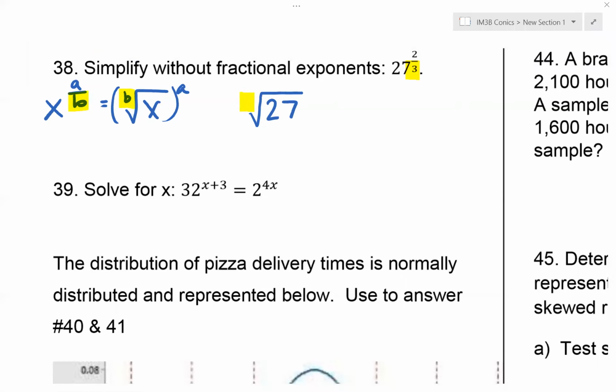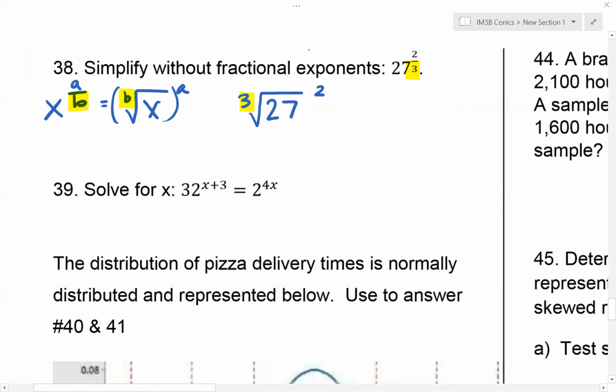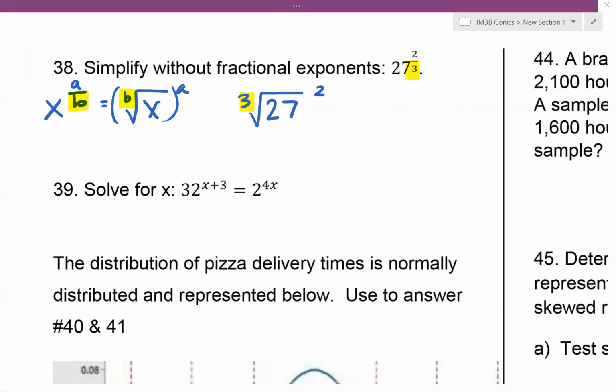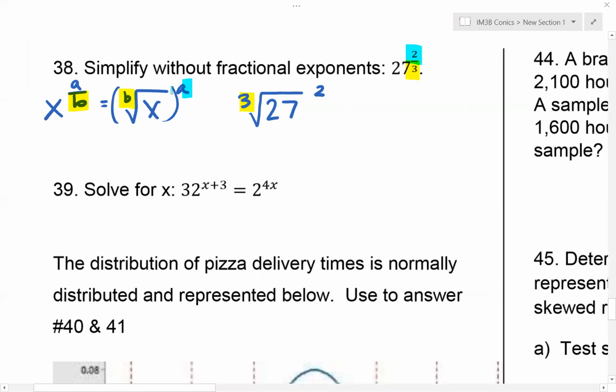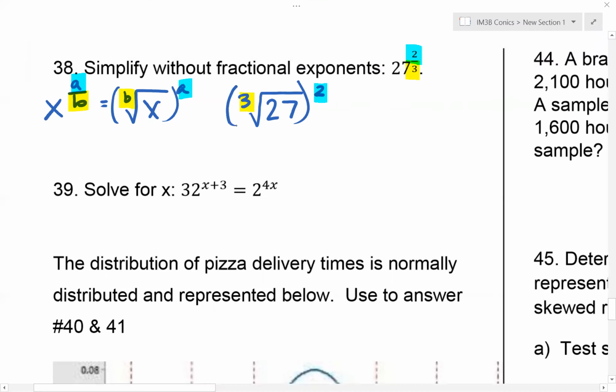So I'm going to have the cube root of 27 squared. Okay, so I'm taking the cube root of 27 squared. The cube root of 27 is 3. And then 3 squared is 9. So simplifying without fractional exponents gives us 9 for this problem.